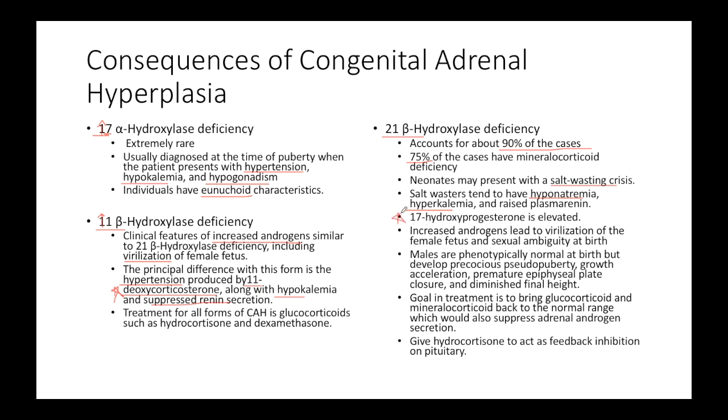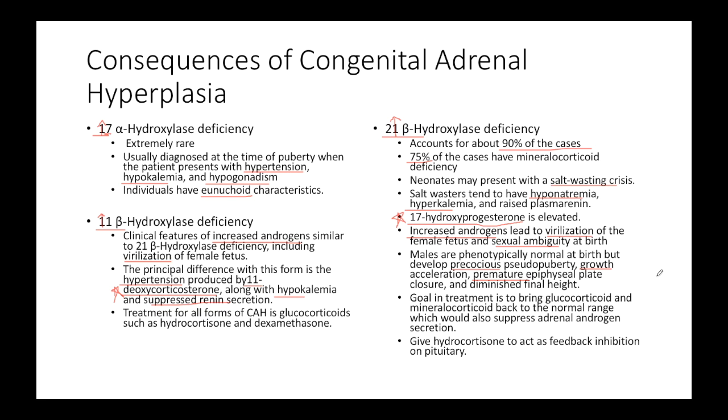And our important hormone here, 17-hydroxyprogesterone, is elevated. Because our second number is a 1, we're going to have increased androgens leading to virilization of the female fetus and sexual ambiguity at birth, with males being phenotypically normal at birth, but developing precocious pseudopuberty, growth acceleration, premature epiphyseal plate closure, and diminished height.